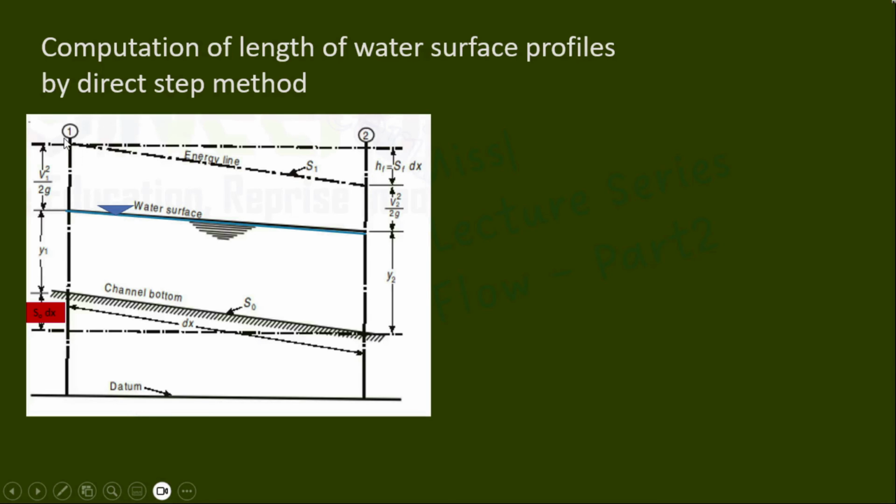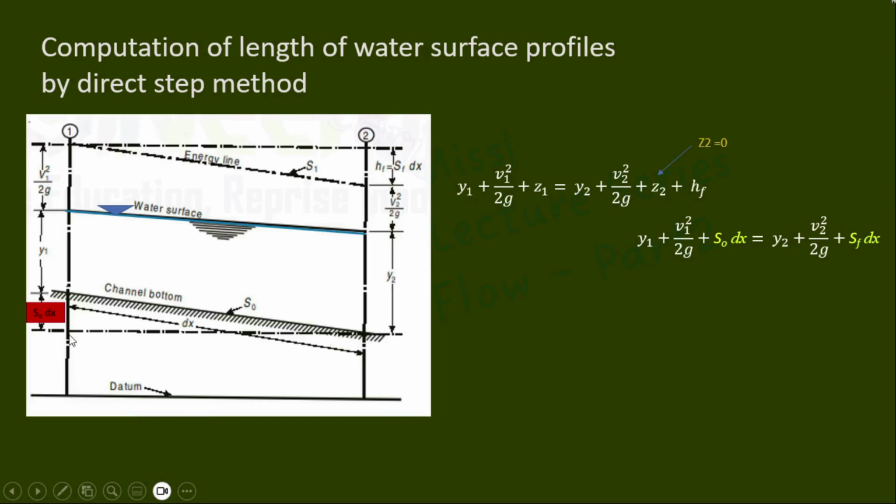By balancing the energy between the two sections 1 and 2, we can write y1 plus v1 square by 2g plus z1, that is equal to y2 plus v2 square by 2g plus z2 plus hf. If we are considering the line which is coinciding with this section 2 as datum, then z2 equal to 0, then z1 is equal to S0 into dx, and hf we are replacing by means of SF into dx.